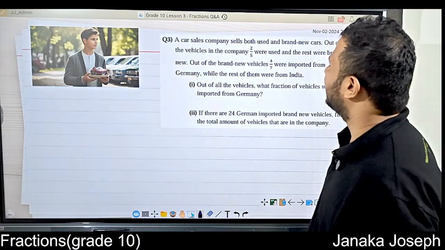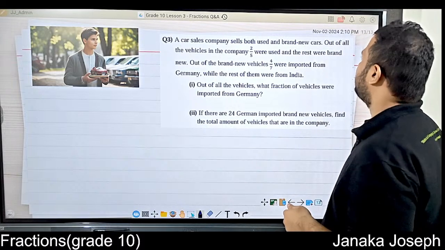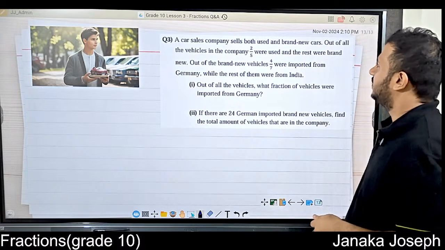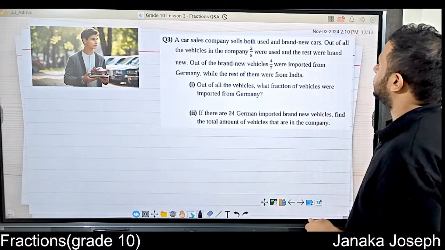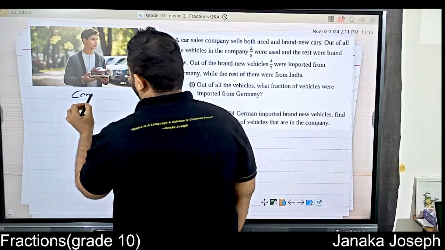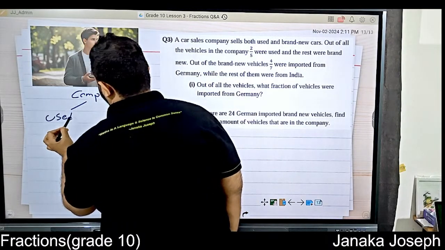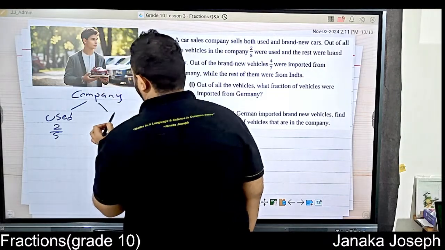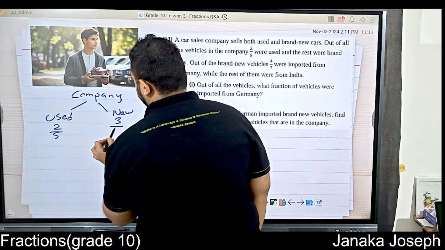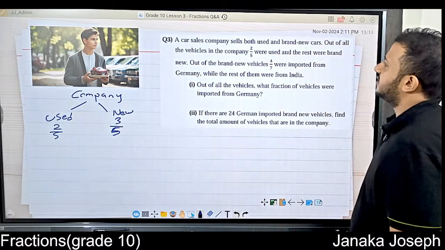Next one. A car sale company sells both used and brand new cars. Out of all vehicles in the company, 2/5 were used. So let's write down. Company is there. Used is 2/5. That means the brand new is 3/5, and the rest are brand new.